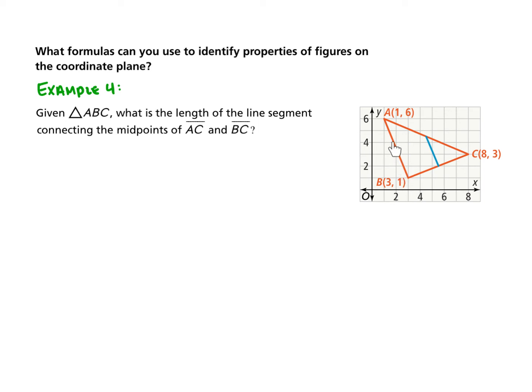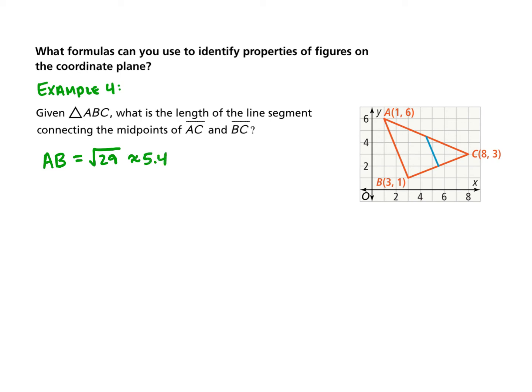So we could either remember back to what we found for the length of AB and just divide it by 2, and that would be the length of this blue segment, or find these coordinates and use the distance formula. I'm going to first do the method where I just think about segment AB's length and divide it by 2. In a previous problem we found the length of segment AB was the square root of 29, approximately 5.4.